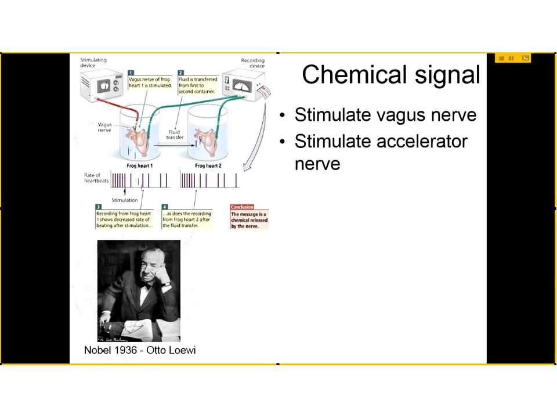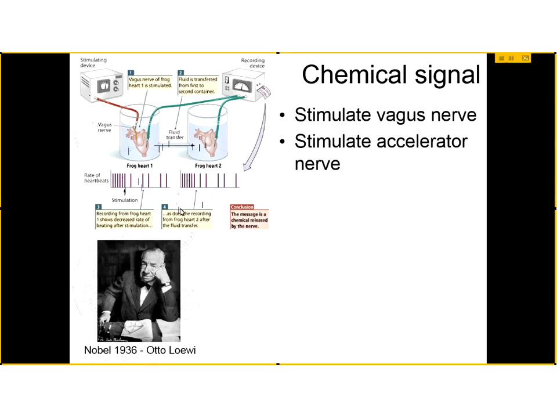and he would record the rate of firing of the heart in another jar. And the fluid surrounding this first heart would flow across here, and if it was a chemical signal, by stimulating this vagus nerve, that fluid should gradually come over here, diffuse across this connection, and then impact the behavior of the second heart.